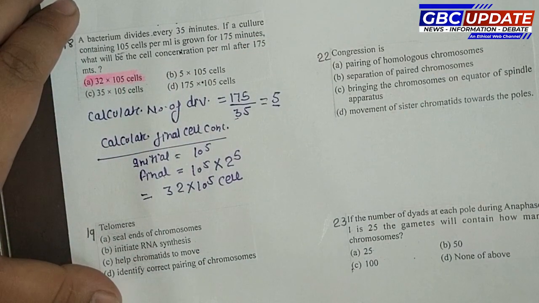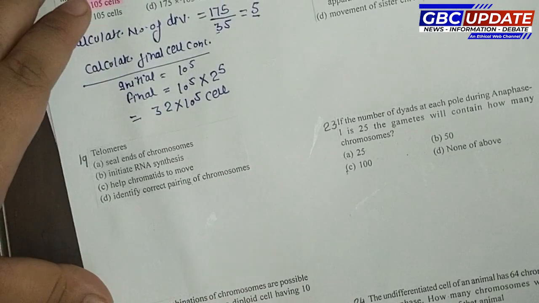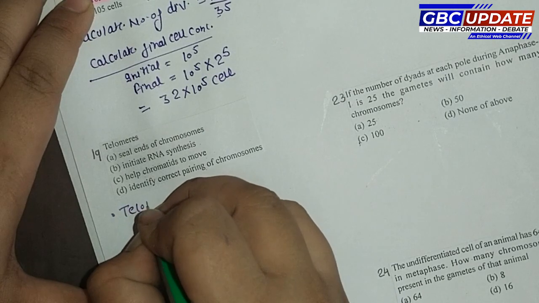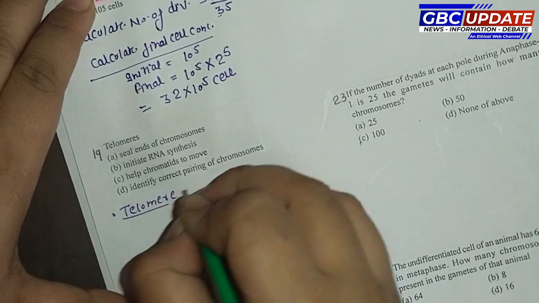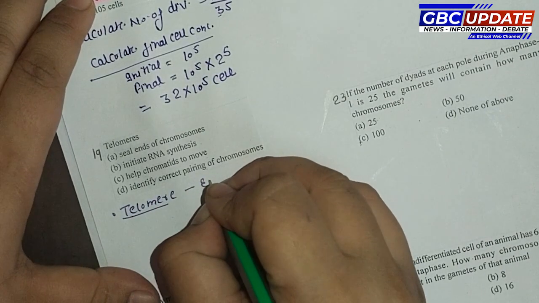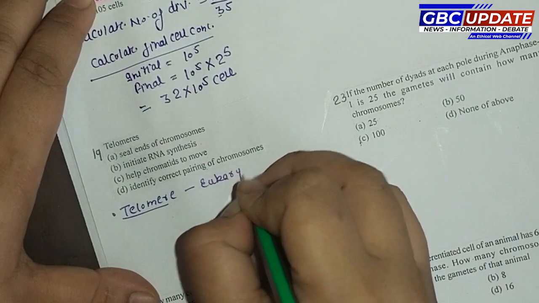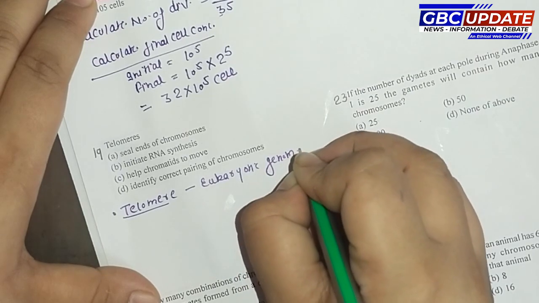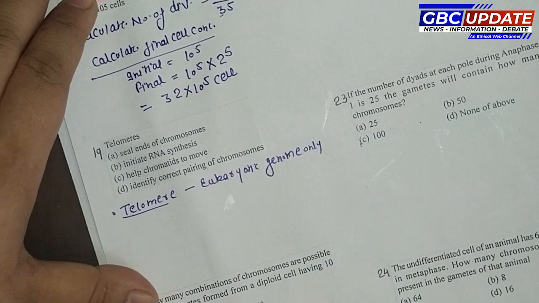Next question is telomere. What we have to remember is that telomeres are present in the eukaryotic genome only. First thing is this.